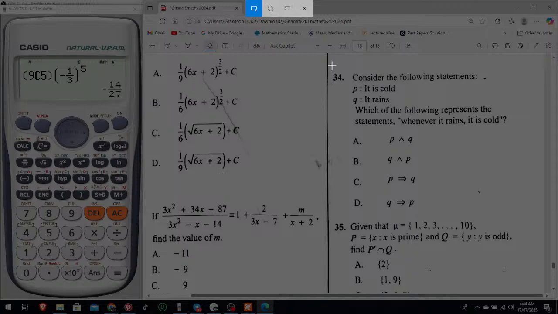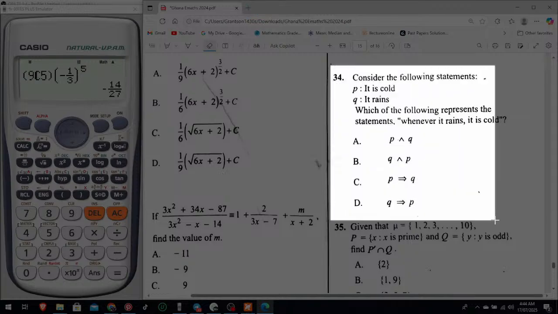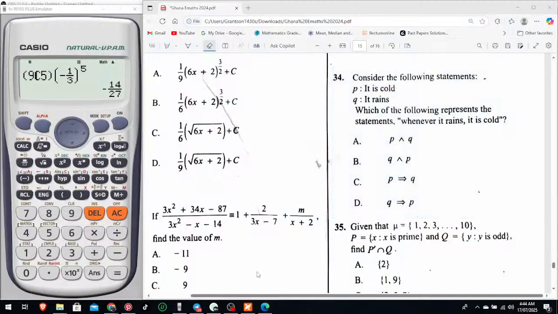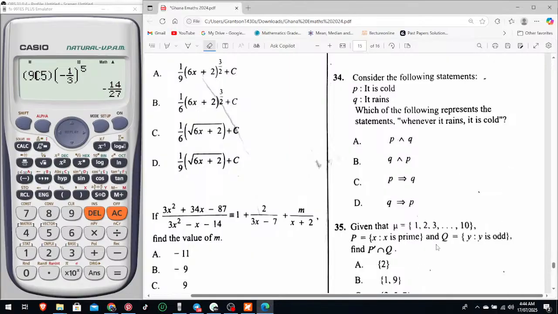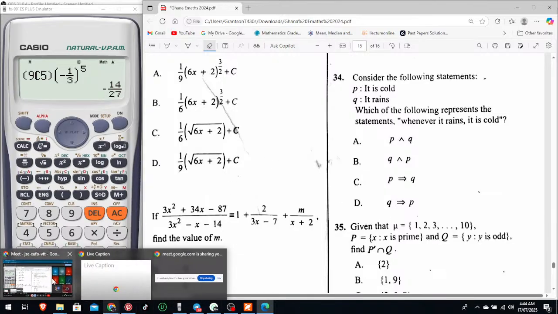Let's see how I would choose it. So this one is math. Yes, it's math implication. It's called logical reasoning. That's what you are supposed to learn in the first place, before you even learn everything in mathematics. Logical reasoning.